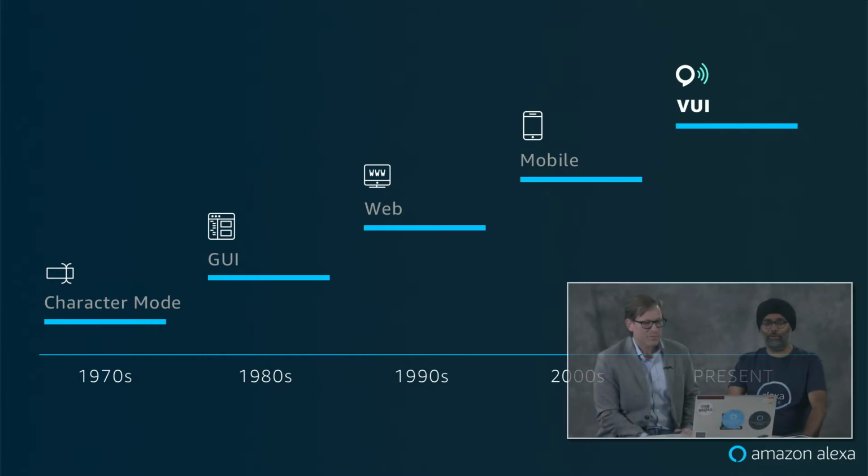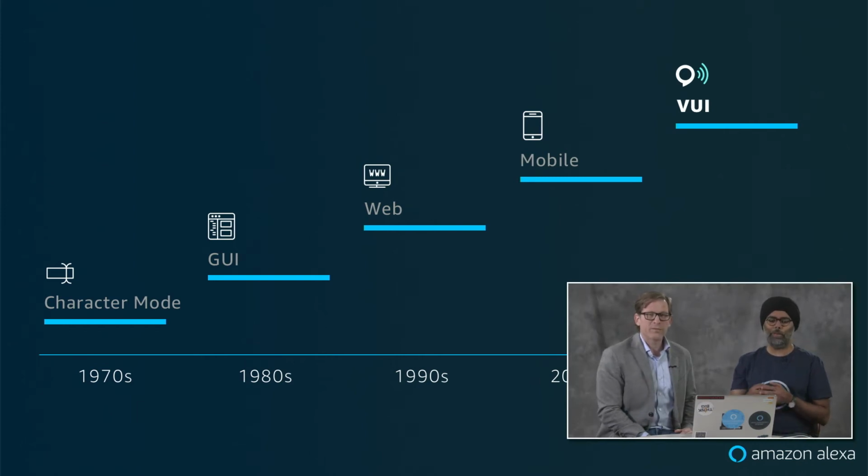Then you've got the web, which isn't a new user interface paradigm so much as making GUIs portable, bringing them to people via browsers. And then mobile comes along in the 2000s with touch as a first-class citizen, glass screens, iPhones, Androids, all the rage. And then we've got voice interfaces, which is what we're talking about today.